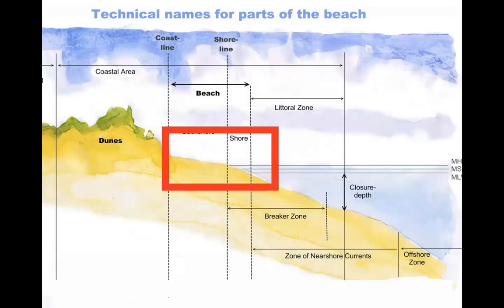And then you have the coastline, which is the start of what normally would be mapped as the coastline. And then you have the area called the beach, which goes all the way down to the shoreline. And the shoreline is where the water stops, right? And then as you go a little bit farther out, it's the littoral zone, meaning where the sand goes. It talks about the currents and the offshore zone and how that slope affects the waves.